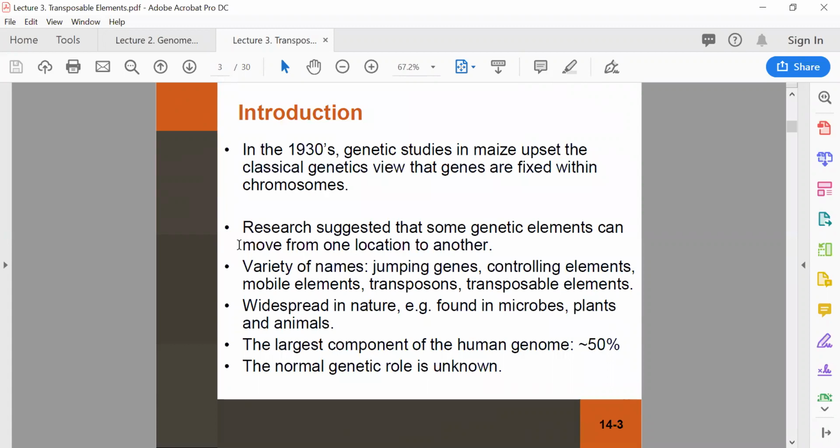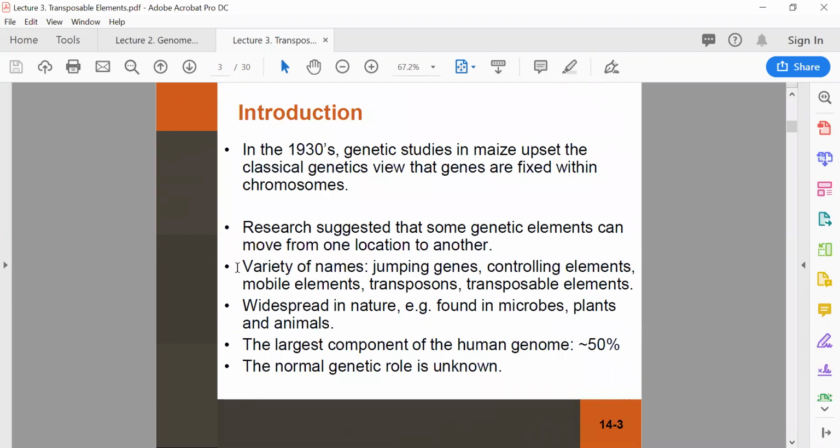But we probably should remember that these findings at first were viewed with a lot of doubt for many years. But research has since shown conclusively that there are some genetic elements that can move from one location to another.